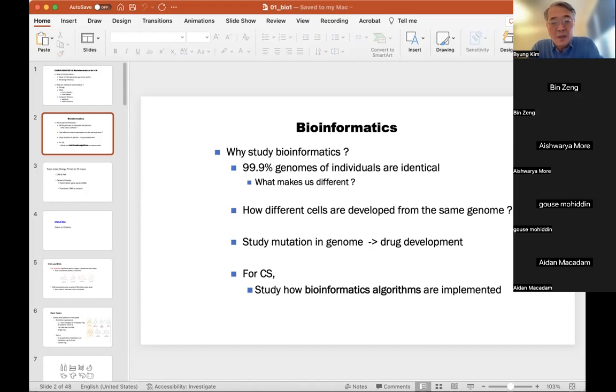And the third one, drug development, is really what fostered the biotech companies in and around Boston. But obviously we are not getting into drug development or biologically oriented questions. We are looking at computer science oriented questions such as algorithmic development.